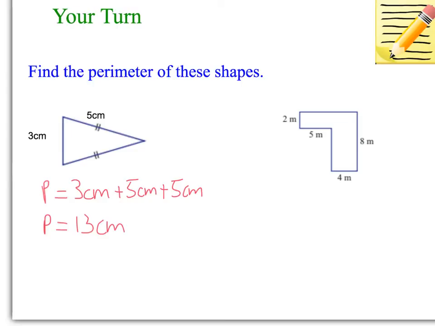Alright, so you can hopefully notice that this side and this side actually equal the length of this side. So that means 5 and 4 is 9. So that would be 9 metres. Alright, now we don't know the length of this side yet, but we know this side's 8 metres.